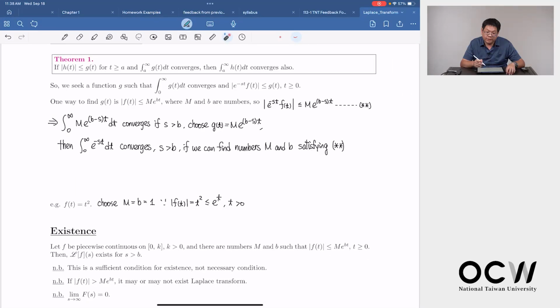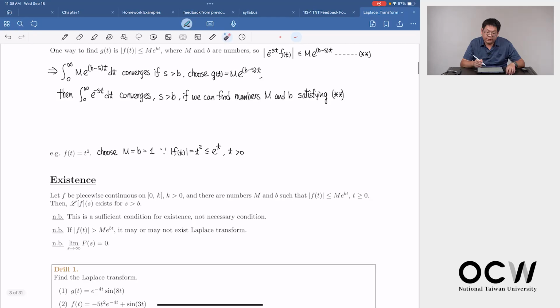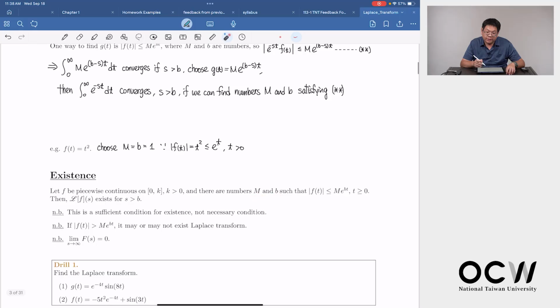Next is the existence. How do we know that we have the Laplace transform? So suppose f is piecewise continuous, and we also have M and b that satisfy that, so f converges. Then in that case, the Laplace transform exists. This is the sufficient condition, not a necessary condition.